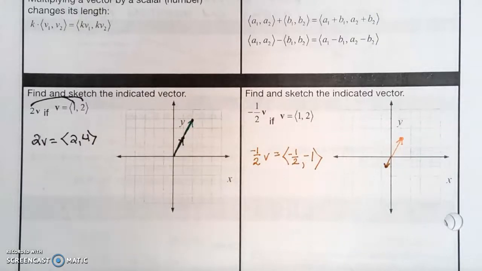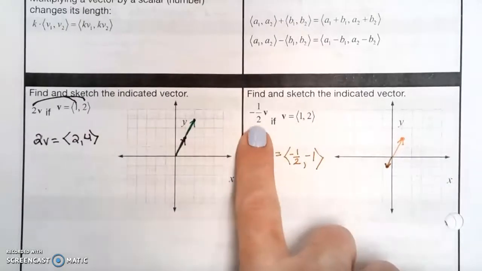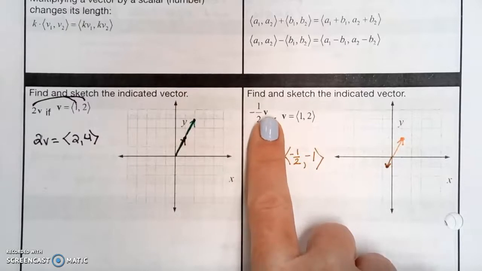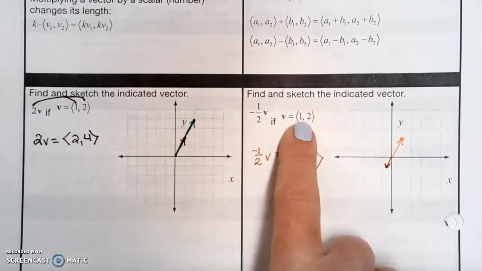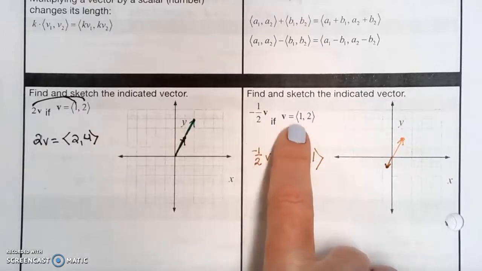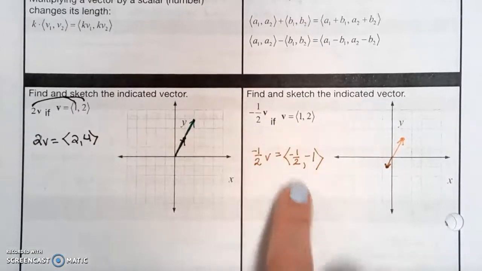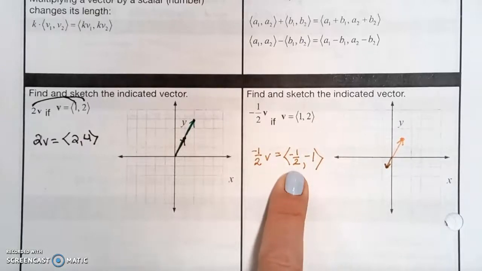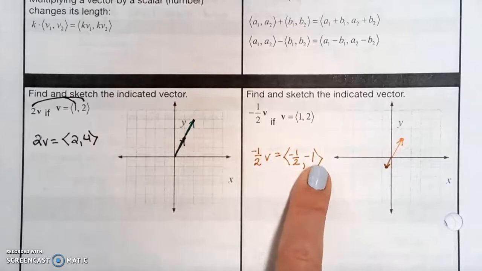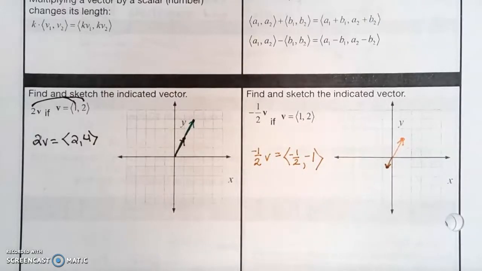Pretty easy. All right. Let's see what happens when we multiply by a negative and a fraction. What's going to happen with that same vector, 1, 2? If we multiply 1 by negative 1/2, we get negative 1/2. And if we multiply 2 by negative 1/2, we get negative 1. So two things happen. Multiplying it by a negative does what to it?